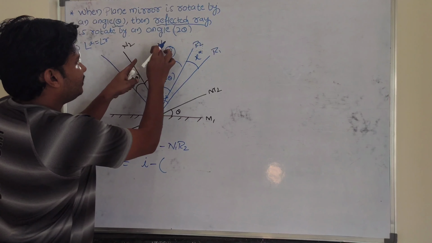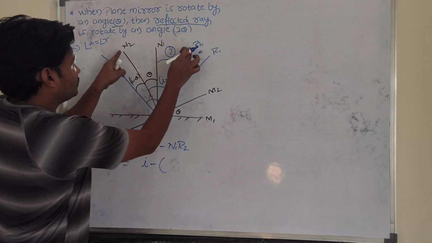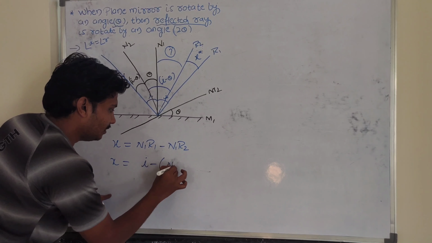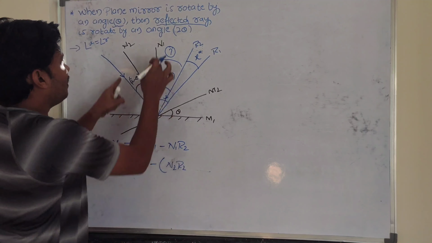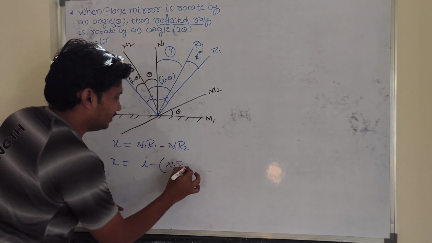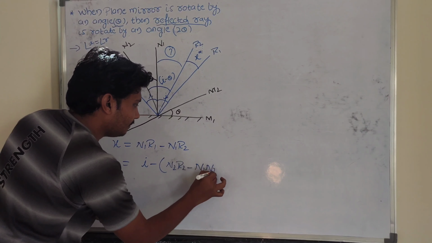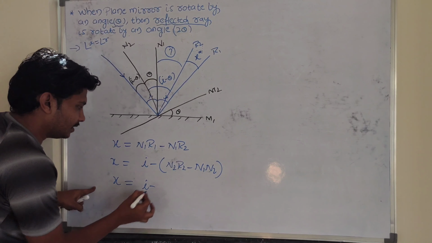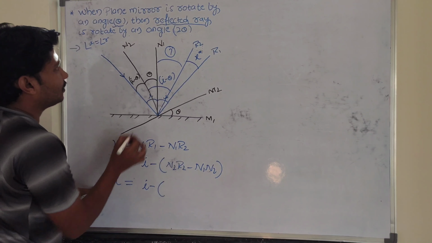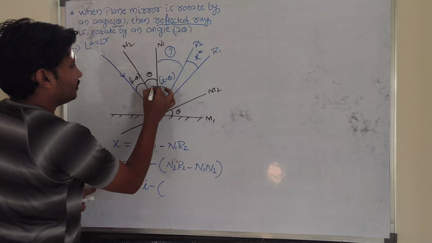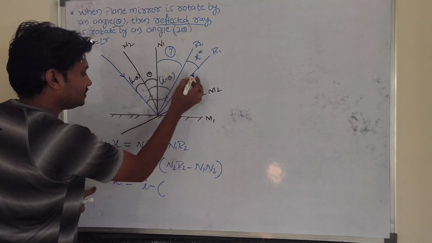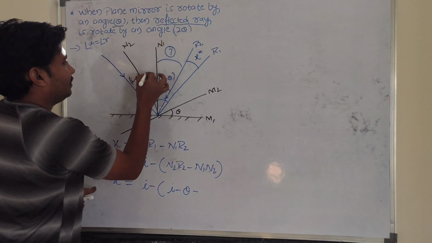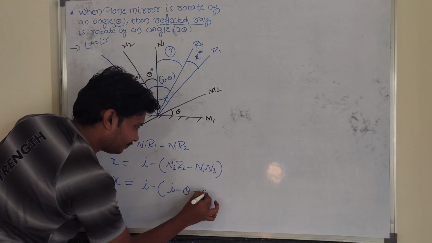But in order to get the angle between N1 and R2, I would like to consider N2R2 minus N1N2. So x is equivalent to I minus N2R2. What is the angle between N2 and R2? The angle between N2 and R2 is I minus theta. I minus theta minus the angle between N1 and N2, which is theta.